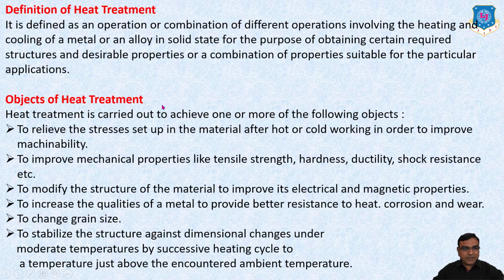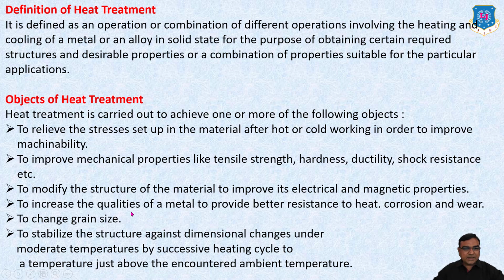Objects of heat treatment. Heat treatment is carried out to achieve one or more of the following objects. To relieve the stresses set up in the material after hot or cold working in order to improve machinability. To improve mechanical properties like tensile strength, hardness, ductility, shock resistance, etc. To modify the structure of the material to improve its electrical and magnetic properties.